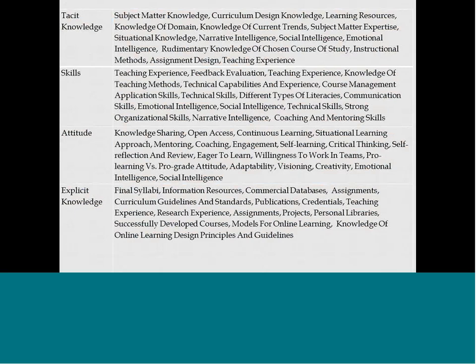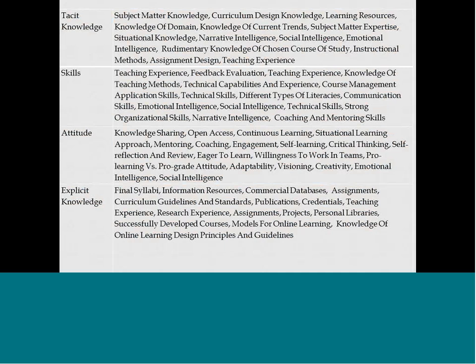If we were to combine them across all of those four capabilities, in other words, all the intellectual capital assets that are needed to support the provision of a strong undergraduate education experience, we would find a very rich set. If we look at tacit knowledge, we're looking at subject matter knowledge, curriculum design knowledge, learning resources, knowledge of specific domains, knowledge of current trends, subject matter.